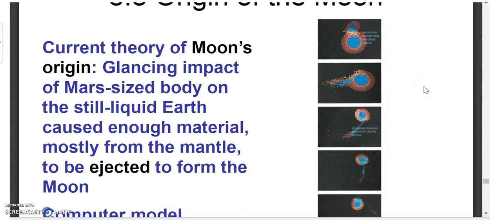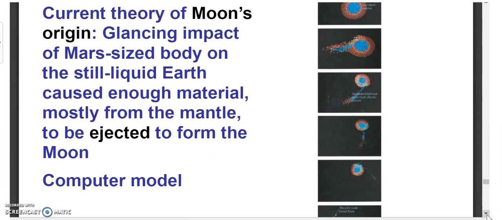For years before the astronauts went to the Moon, there were lots and lots of competing theories. I can't name them all, but there were lots of theories, where the Moon was somehow captured. That's, I think, called the capture theory. Another one was the co-creation theory, where the Moon and the Earth were created at the same time.